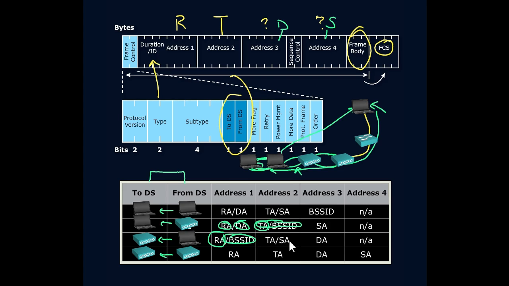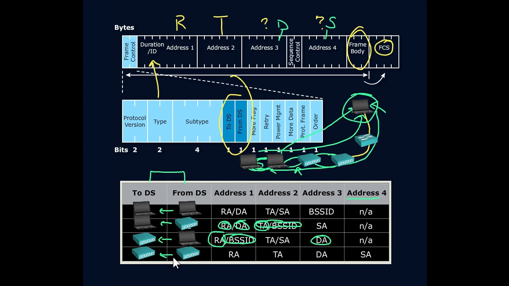The transmitting address is the source address, right, because we're coming from the client over here. And then we're trying to get to someplace else, some other MAC address. So we're actually trying to get out to this device that's way out here. So that's the MAC address that will be listed here in address 3. So for none of these situations do we need address 4.